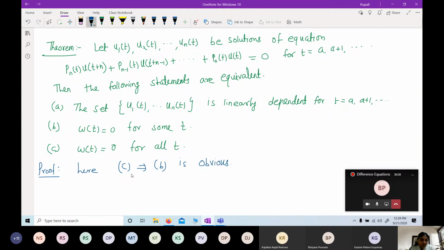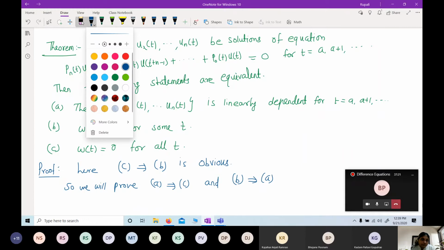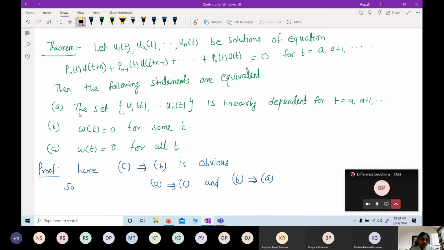Okay, so what will we prove? It is enough to prove A implies C and B implies A. Is it right?